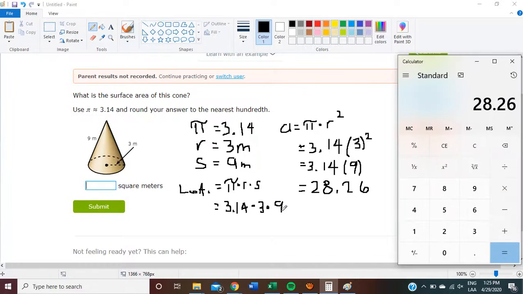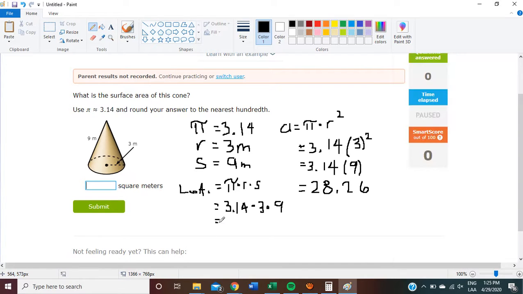We go back to the calculator and we multiply 3.14 times 3 times 9 equals 84.78.